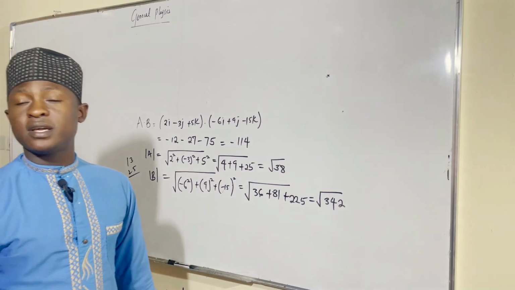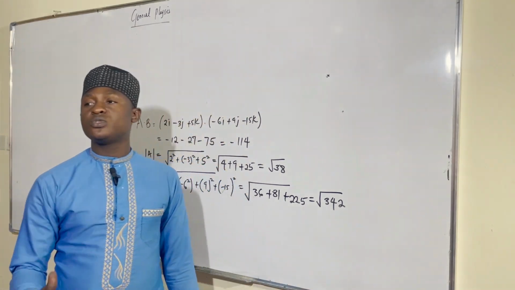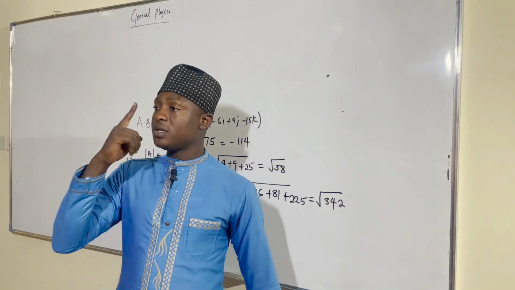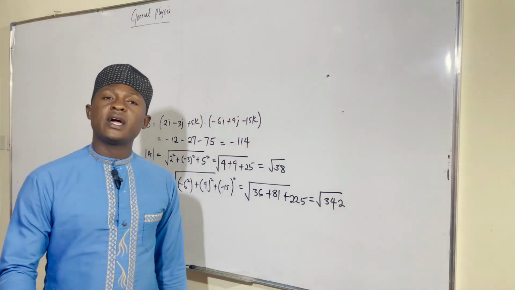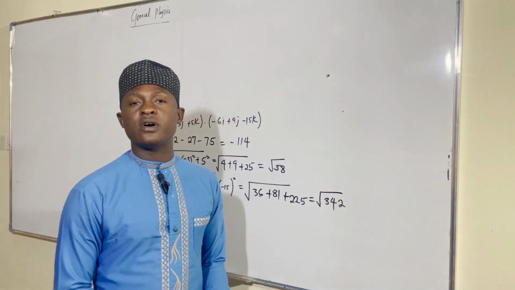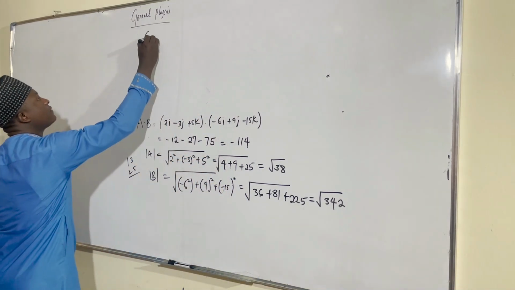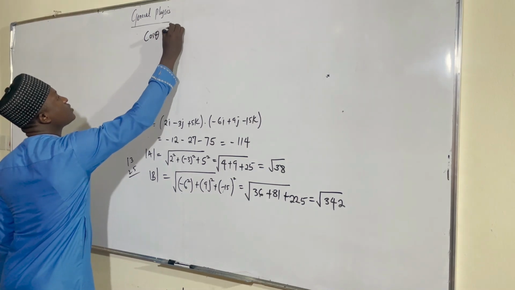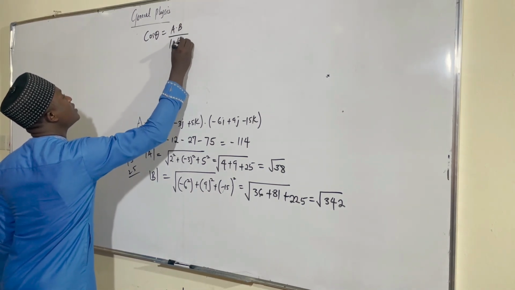They can use X, they can use Y, they can use W. Whatever they use, just follow the same process. Assuming they use X and Y, we just have cos theta is equal to X dot Y divided by absolute of X and absolute of Y. So now, if I go to the formula, I have cos theta is equal to A dot B divided by absolute of A, absolute of B.